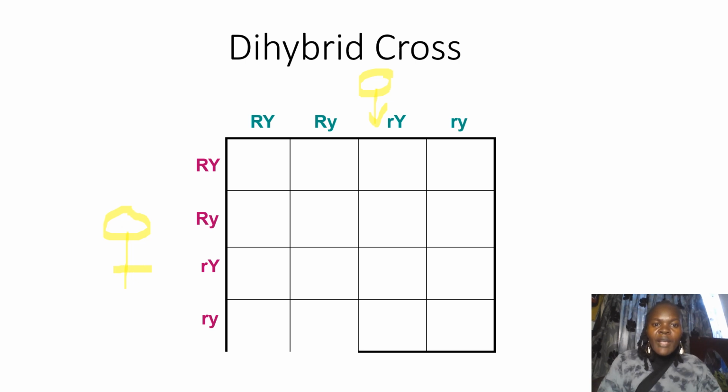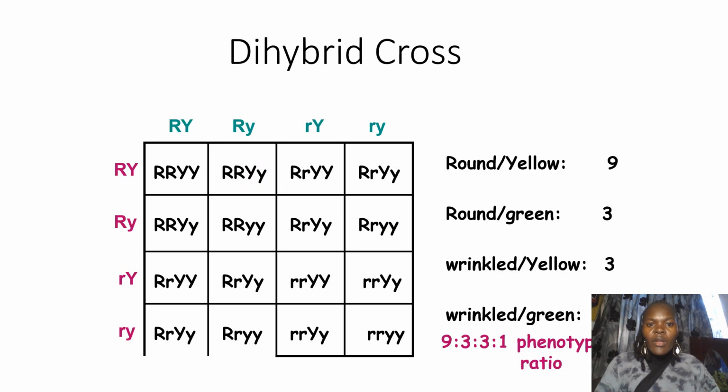Then as you do a matrix in mathematics, you go with the first row, first column. You'll have capital R, capital R, capital Y, capital Y, until you fill all the boxes. So you will have the F1s as this.